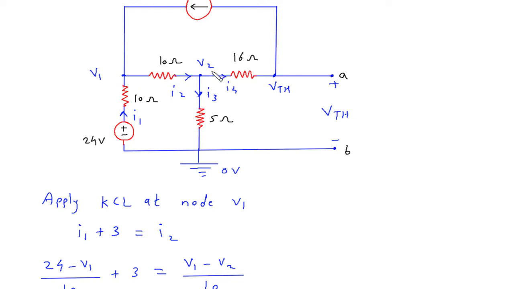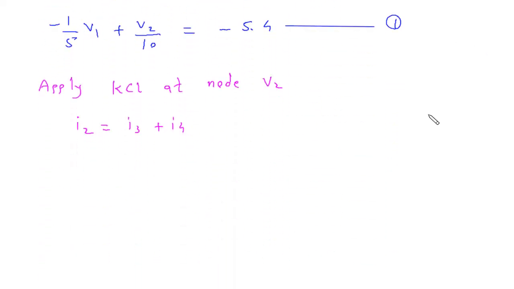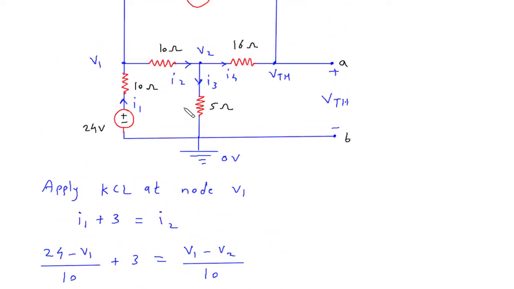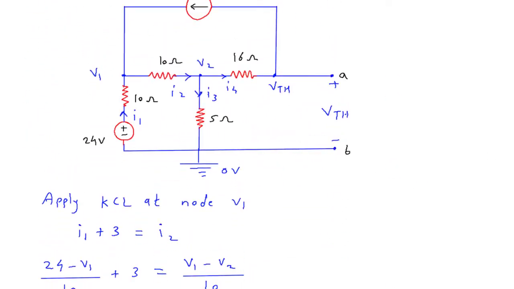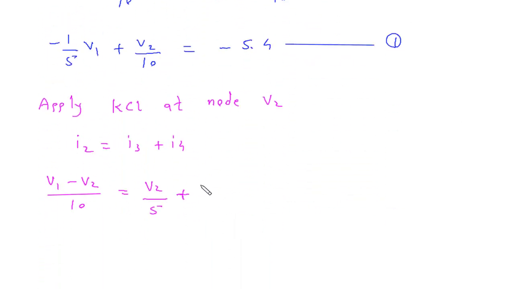I2 is V1 minus V2 by 10, which is equal to I3. I3 is V2 minus 0 by 5, plus I4. I4 is V2 minus VTh by 16.